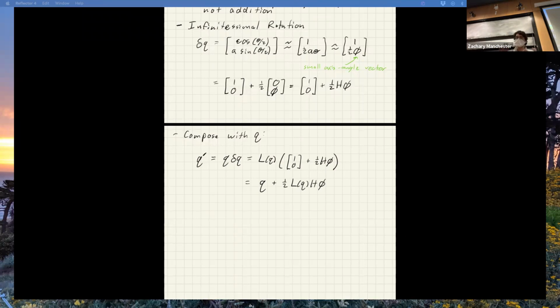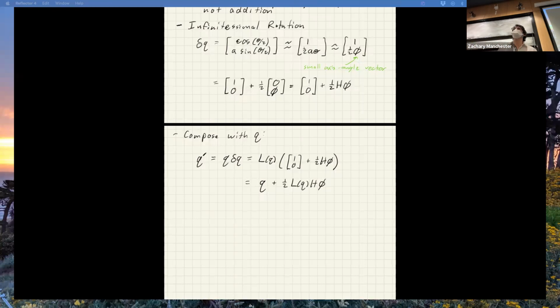So the end of this exercise is that instead of q plus delta q, if you actually follow this through and Taylor expand and everything, you're going to get q plus this extra Jacobian times phi.